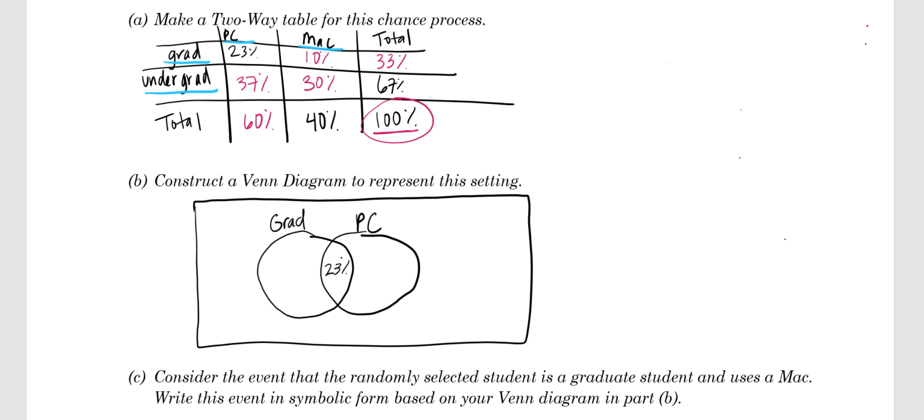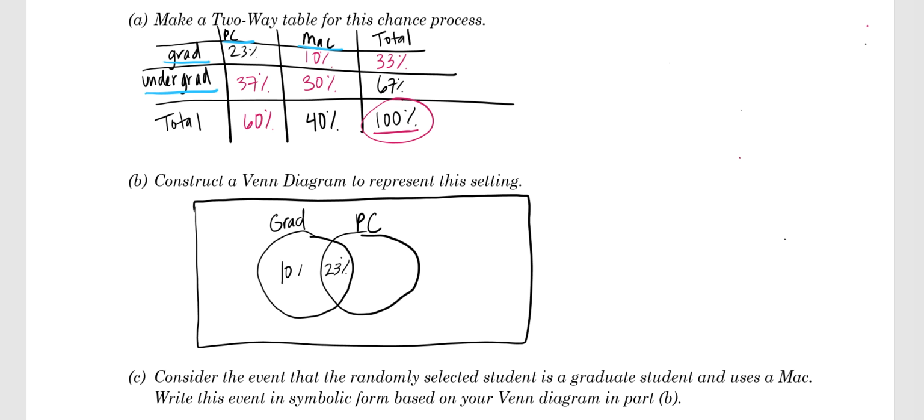Okay? So now I would have to fill in the rest of this. And actually, it's almost easier to make a Venn diagram after we are done with the two-way table. So let's start with the graduate circle. I have 23% of the graduate students have a PC. And so I need to label the percentage for the rest of this circle. So what should I label the rest of the grad circle?